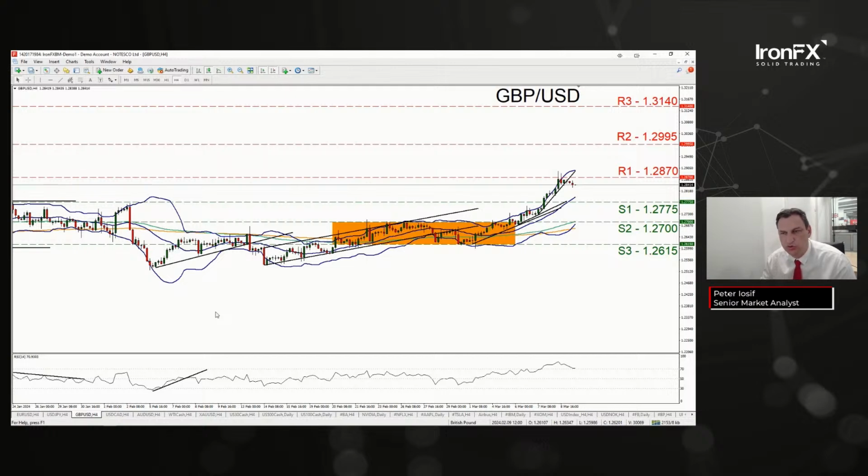I would also be noting the release of the UK employment data, and at this point I would be highlighting the employment change figure, the unemployment rate, both for January, and also the average earnings growth rate for the same month.